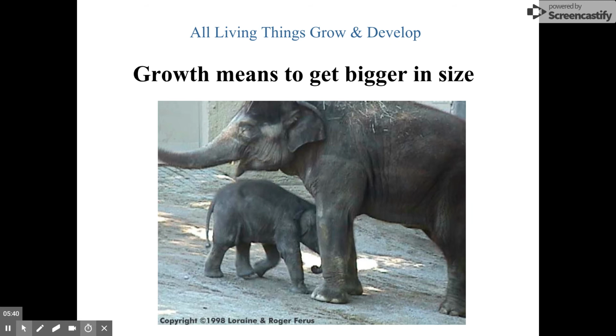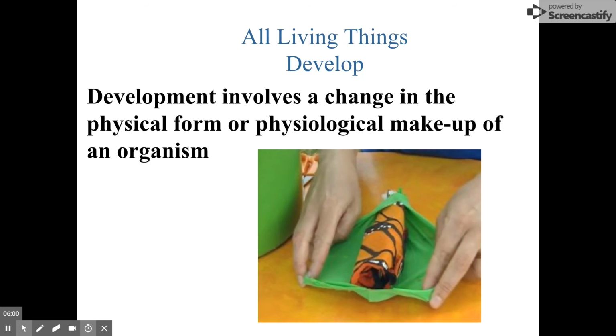Your cells stay the same size, but you simply get more of them over time. So if you counted the number of cells in that mama elephant, you'd get trillions of cells. And if you counted the cells in the baby elephant, it's going to have a lot less than its mom. But that's growth, just physically bigger in size, but the same overall body form.